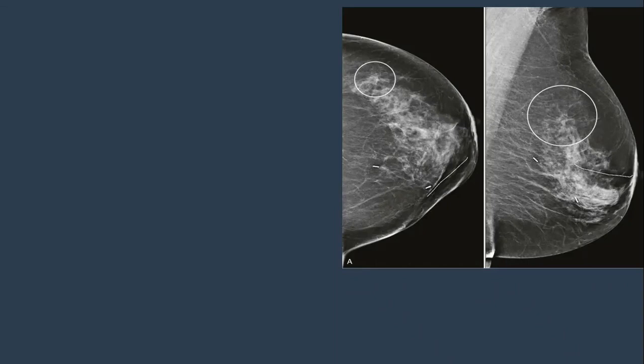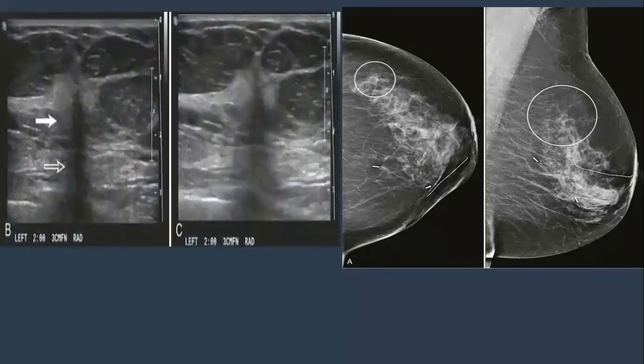Excellent. This is what I'm waiting for you to say: it is far away from the site of previous intervention. So I have to consider it a new lesion. This is not the area of intervention, so it is not scarring. I have to proceed. And this is the ultrasound.